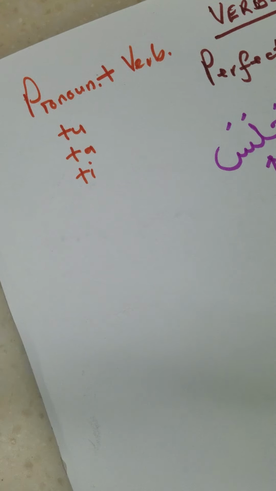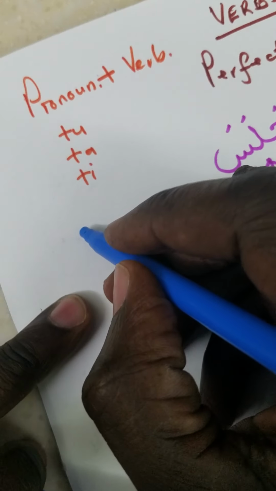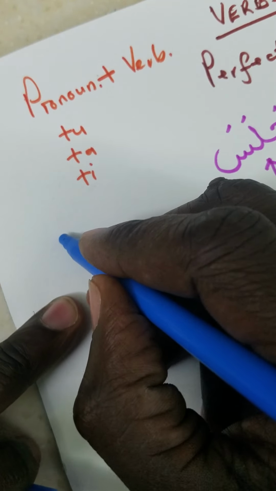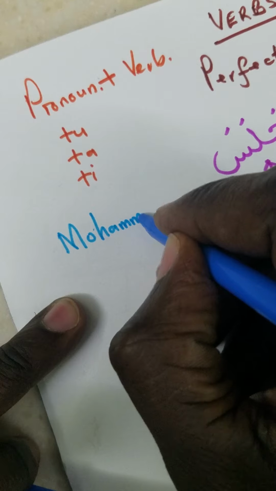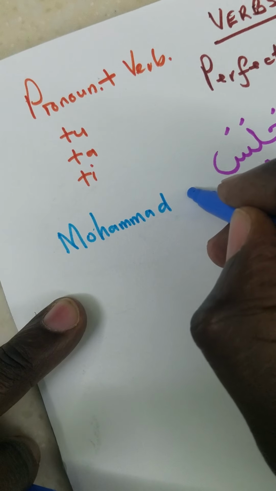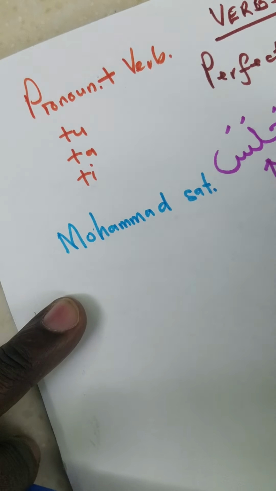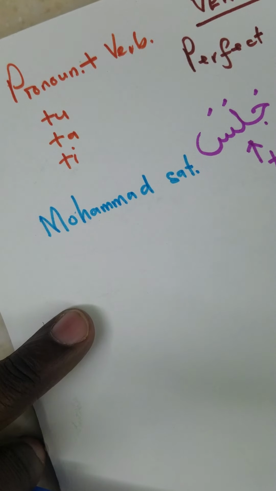How if we get a statement like Peter or Muhammad sat? How are you going to write it?